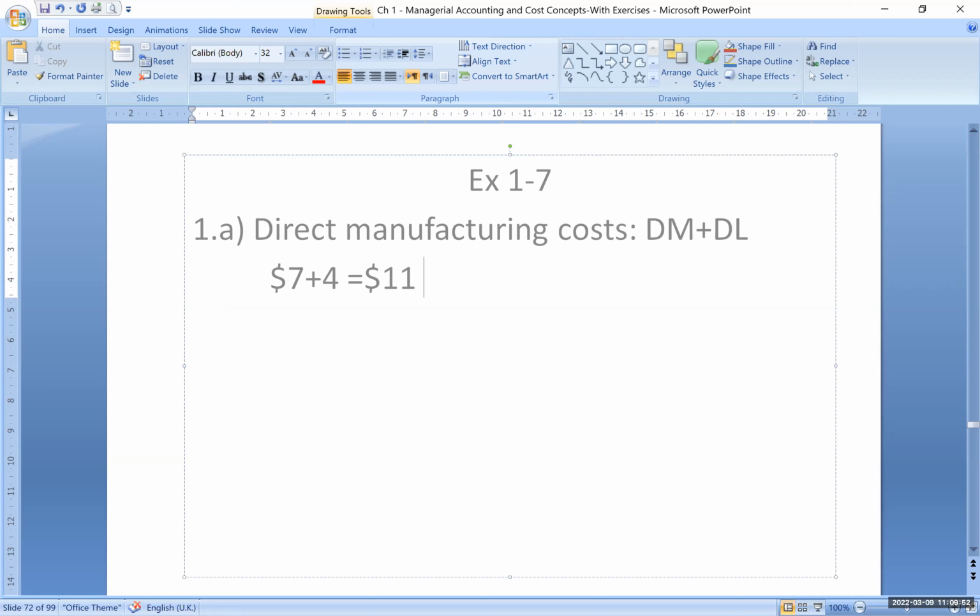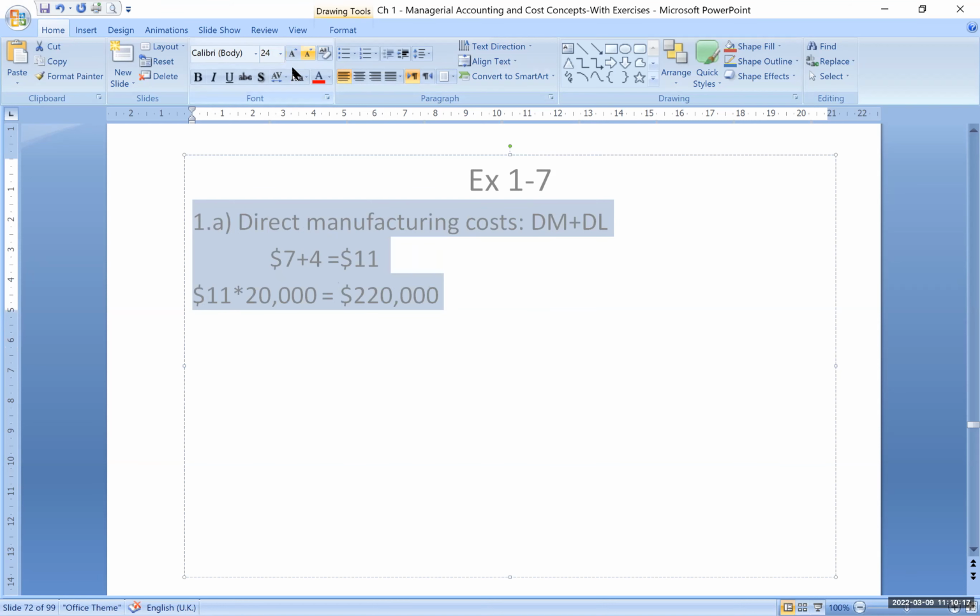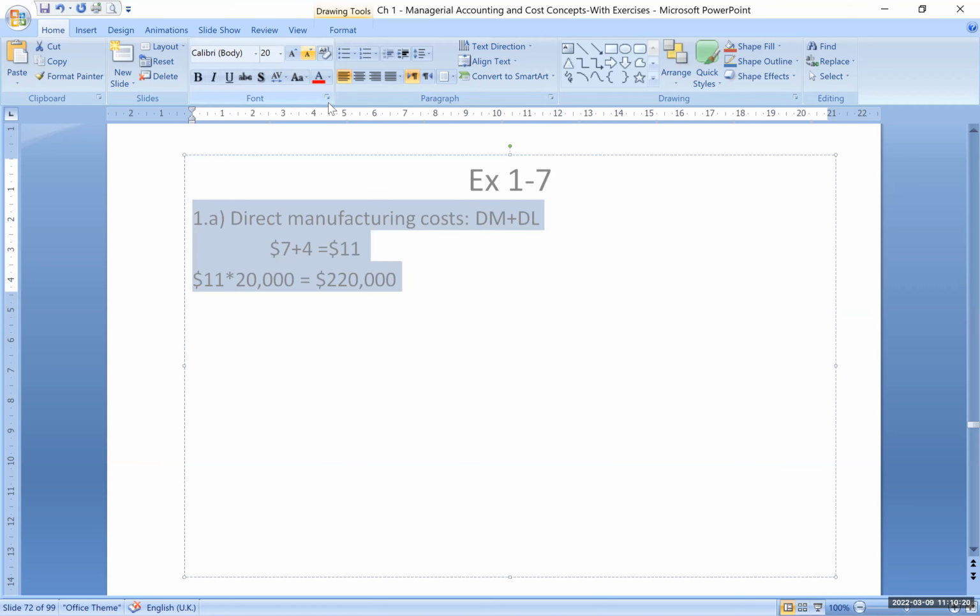And then we multiply the 11 by how many units do we have? 20,000 units. This equals $220,000. This will be the direct cost for the production if we have the cost object as the unit of activity or unit of production.